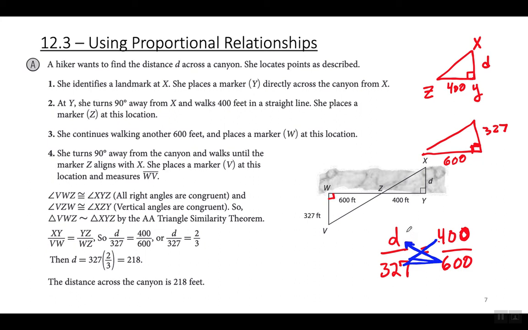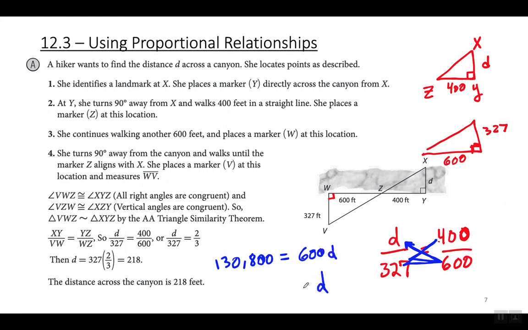That's how I would do it on the calculator. For the sake of anyone who doesn't get that, let me write it out. 400 times 327 equals 130,800. D times 600 is 600D. Sorry, my writing pad is messing up here.